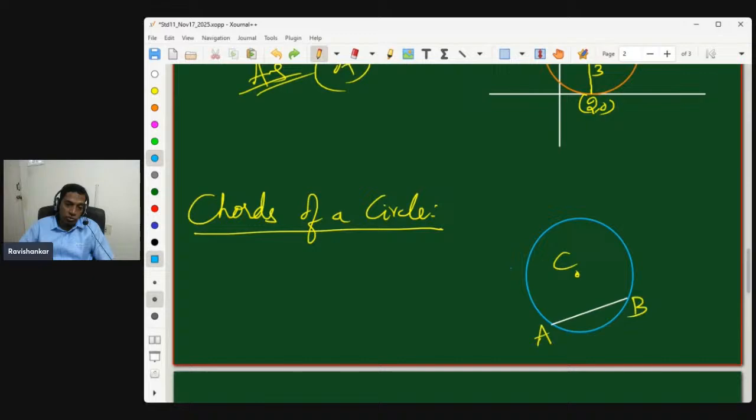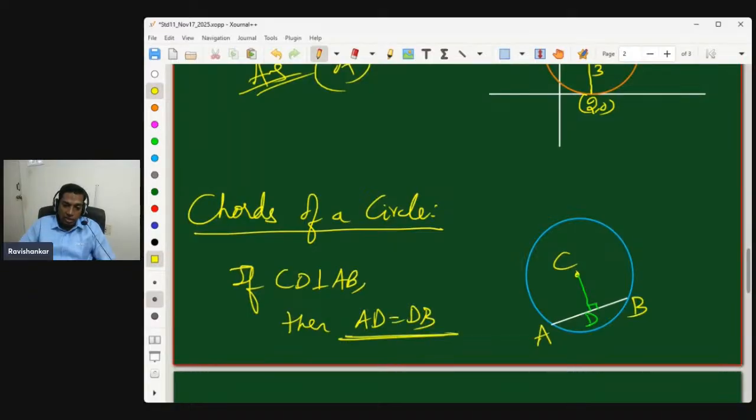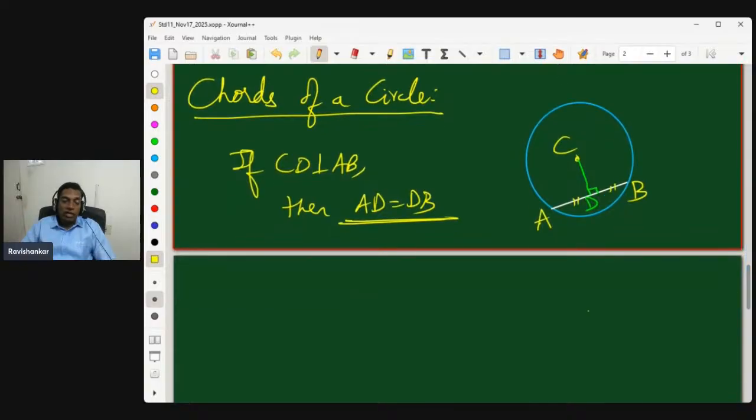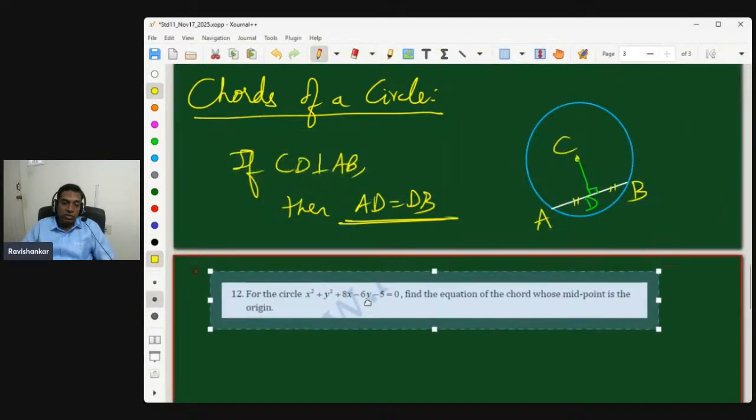This is the most important idea: if you draw a perpendicular CD, then AD is equal to DB. With this knowledge, you will be able to find things related to chords of a circle. And question 12 also is going to be solved based on this idea.